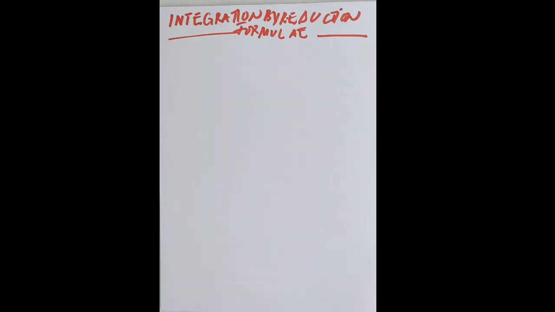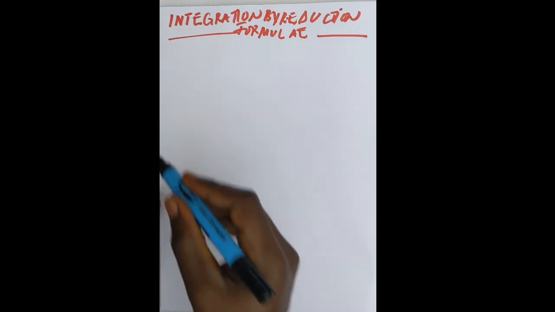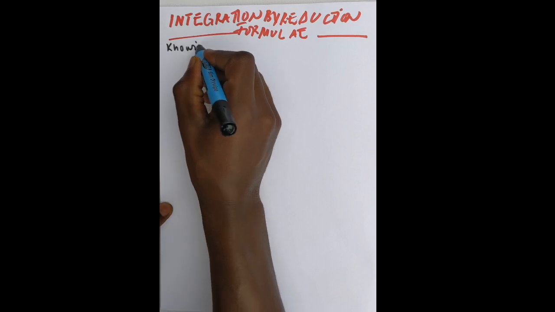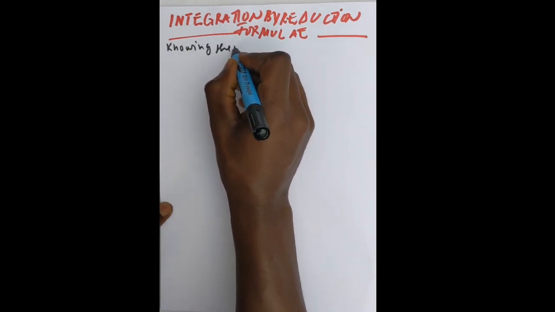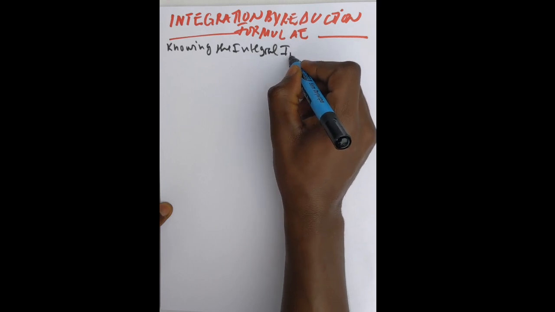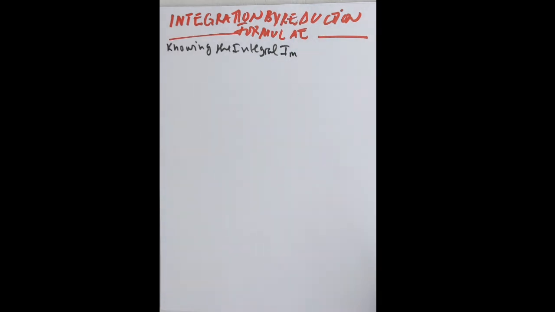So this means that knowing the integral Im, this means that we have the coefficient of m in the integrand.